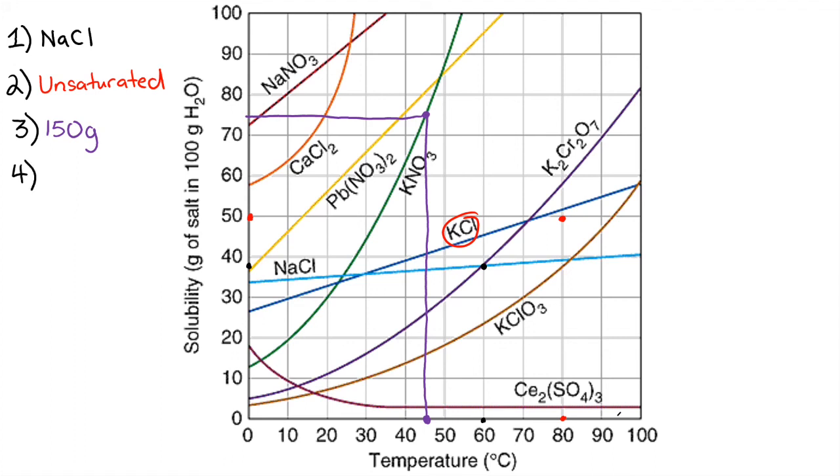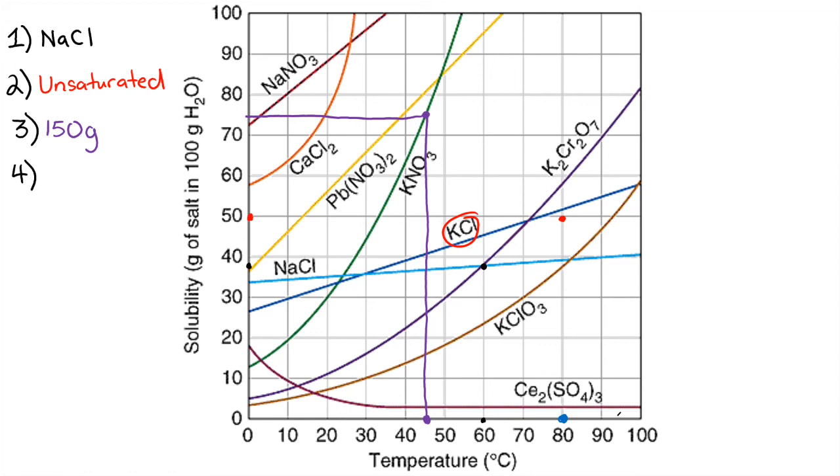Number 4, what is the solubility of potassium chloride at 80 degrees Celsius in 150 grams of water? Same way like the previous problem, we will simply multiply our answer by 1.5. So let's take a look. 80 degrees for potassium chloride.